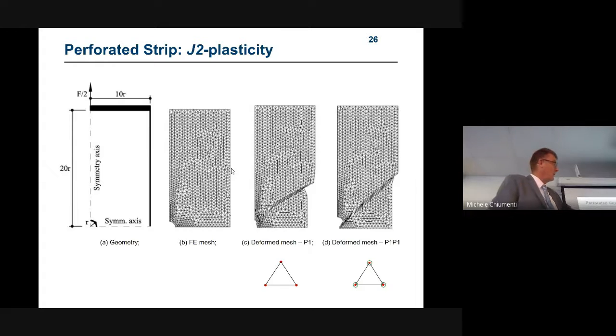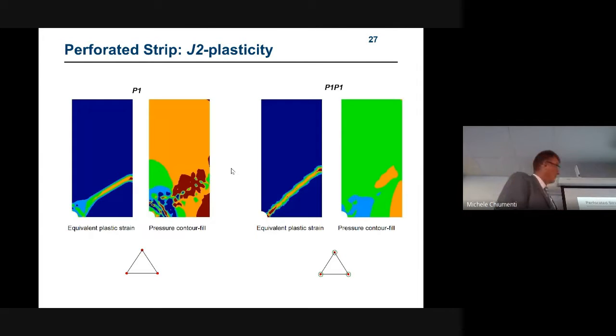As you can see, it is able to skip the bias of the mesh and catch the solution. So what's going on? If you use standard elements, you typically have a locking that is shown in the pressure contour field. This pollutes the solution and destroys it. If you run with the UP formulation, you get the right solution.